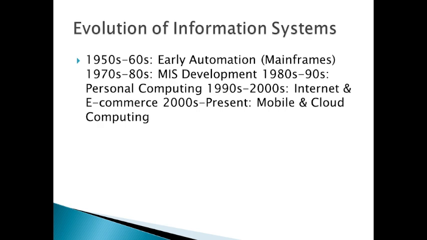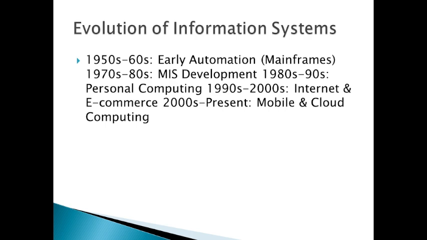Then we have 1980s to 1990s, where we found the proliferation of personal computers and the rise of networking, leading to decentralized computing. Then the 1990s to the 2000s, here we have the internet and e-commerce, where the internet revolutionized information sharing and enabled e-commerce.